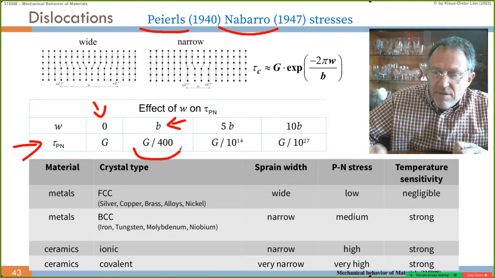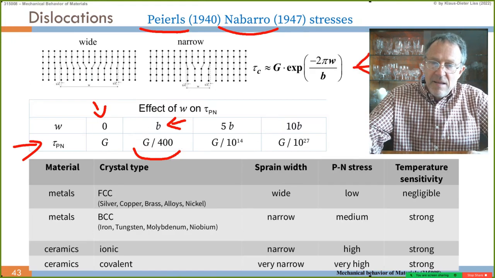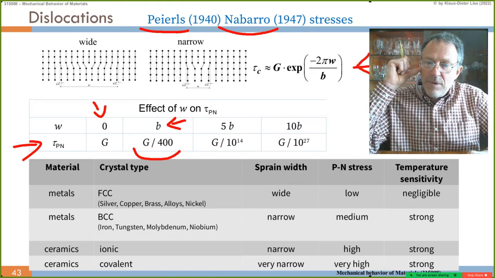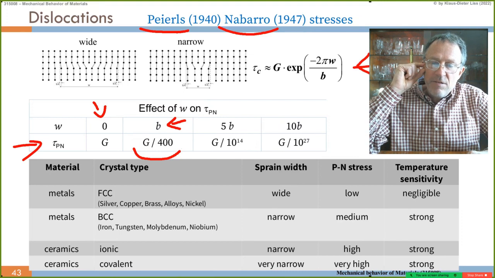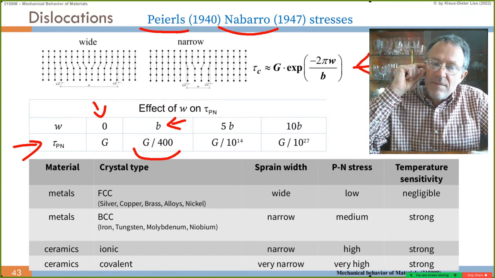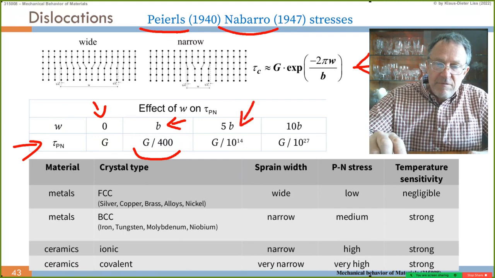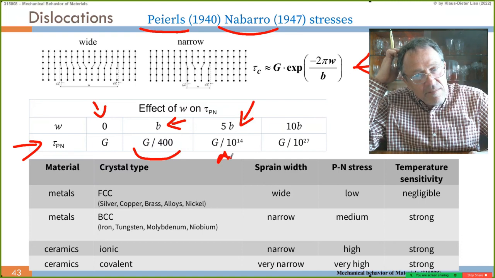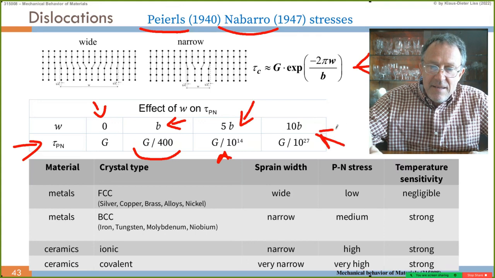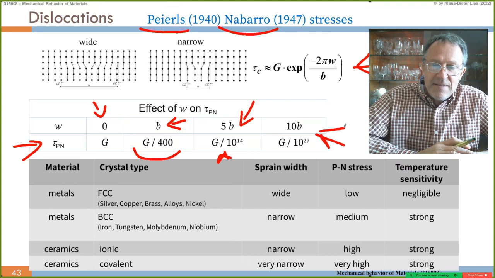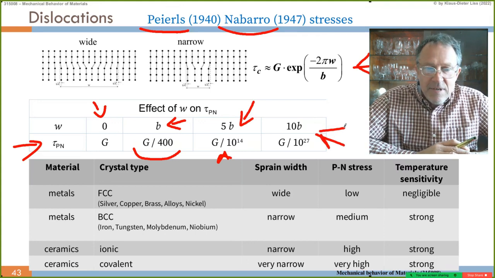That's the order of magnitude. Here's the formula. If we put it in, e to the minus 2 pi b over b gives G over 400. If it's 5b, then the shear stress is G over 10 to the 14. Oh, that's small. And if it's 10b, then it's G over 10 to the 27. That's extremely small numbers.